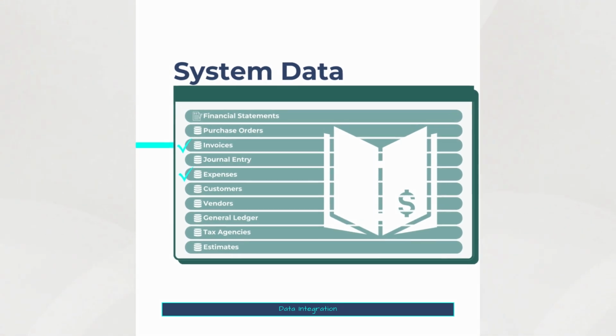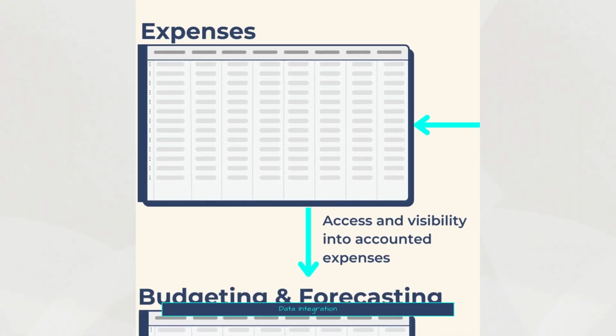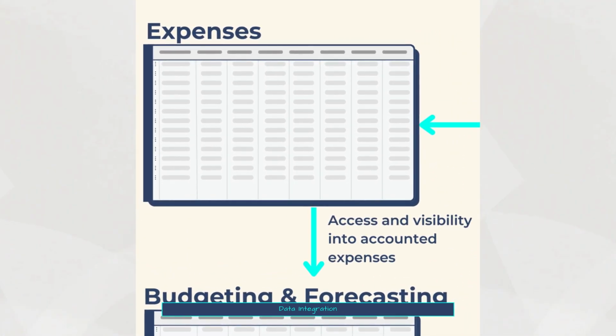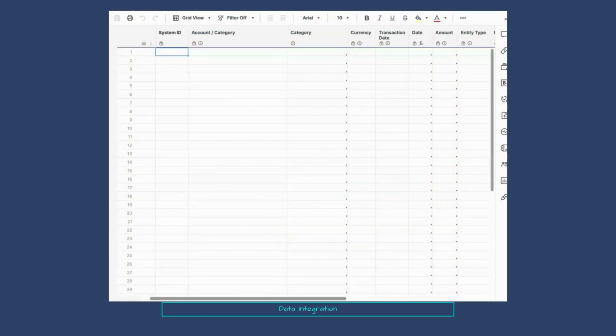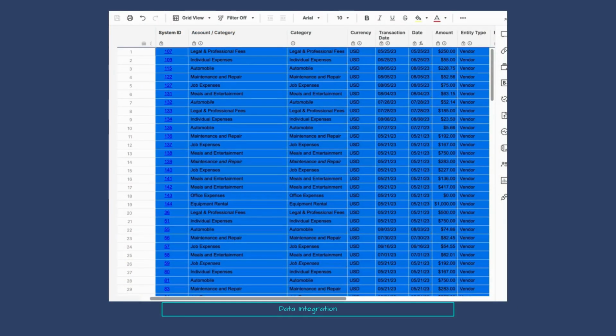Making that data available for collaboration and reporting via integration ensures that the budget custodians have a dependable and accurate account of what's been reported from an expenses and invoices standpoint, so that they don't have to chase down and merge all that data. Here's an example layout of an expenses sheet that is pulling in data from an accounting system.